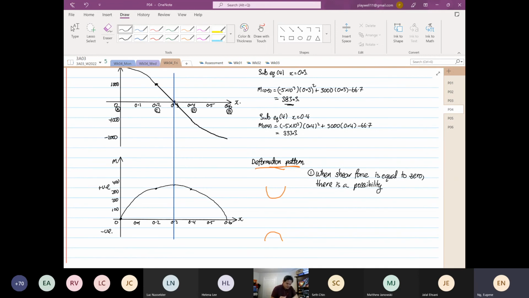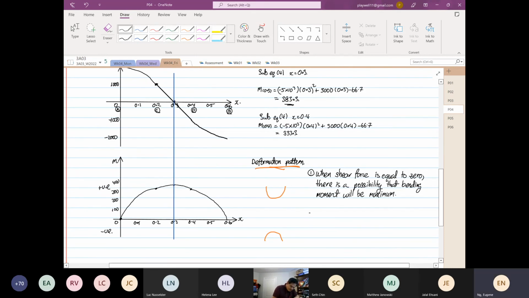You have to check. There's a possibility that bending moment will be maximum. That's the first one.